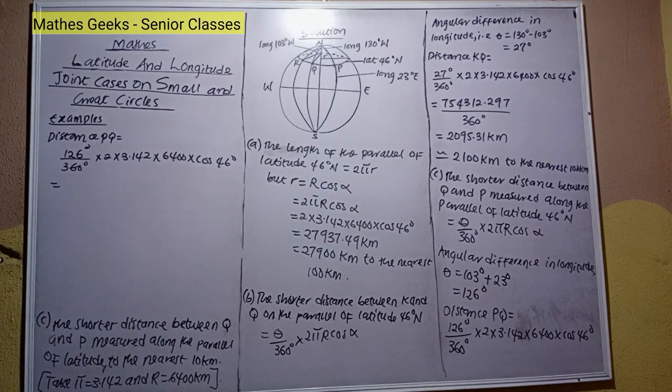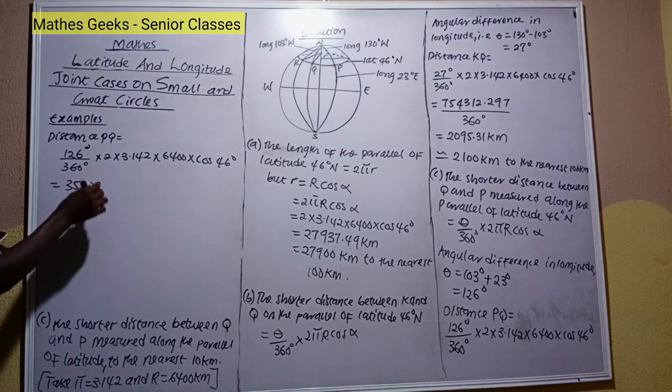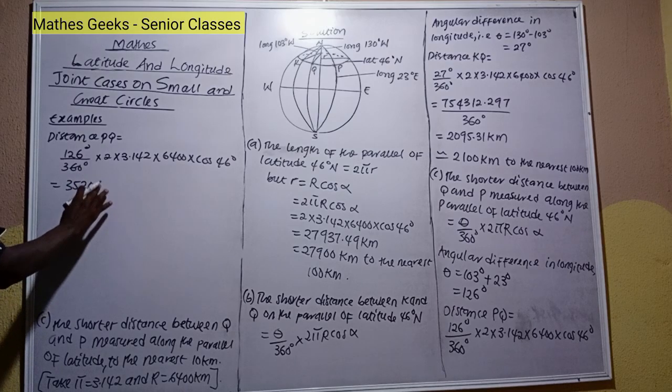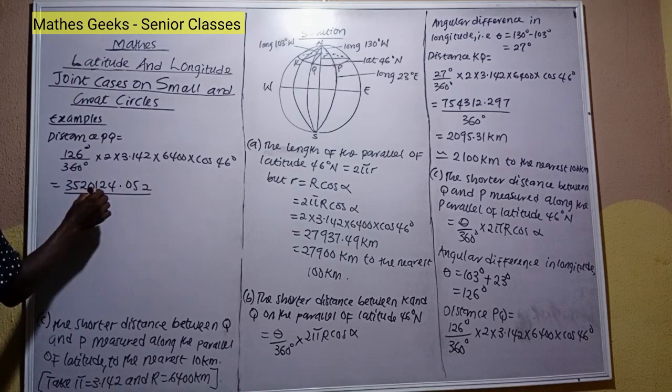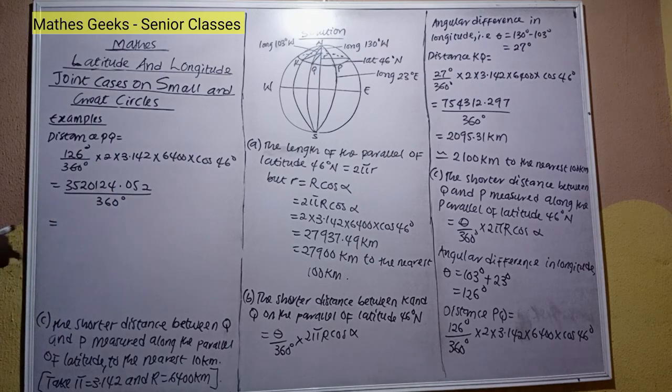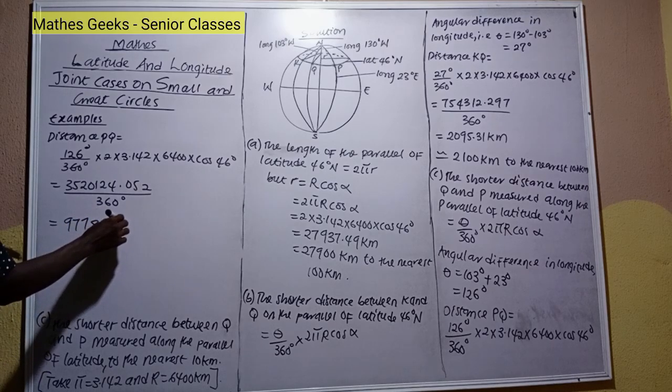So 126 times 2 times 3.142 times 6,400 times cos 46 gives 3520124.052, divided by 360, is 9778.12 kilometers.